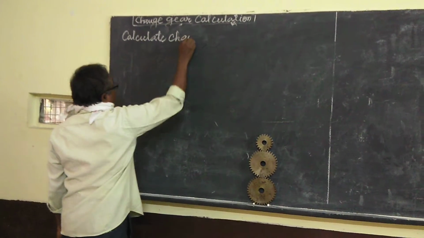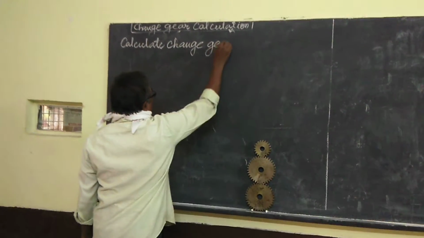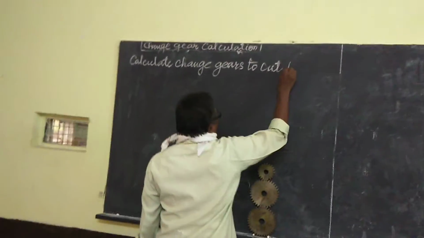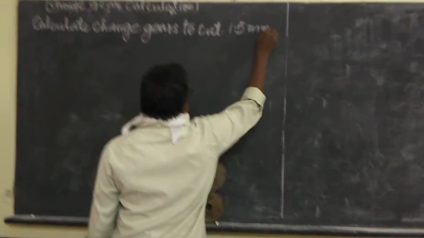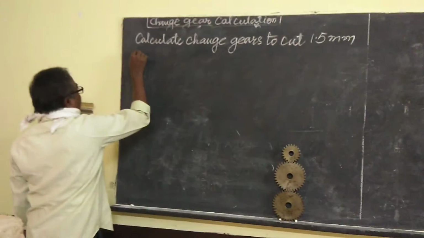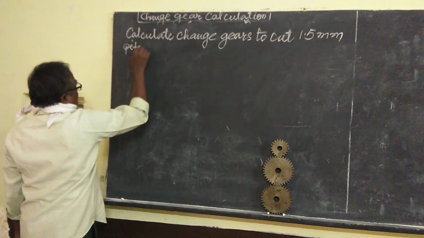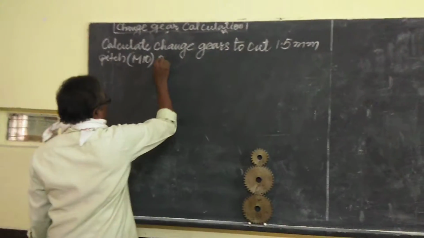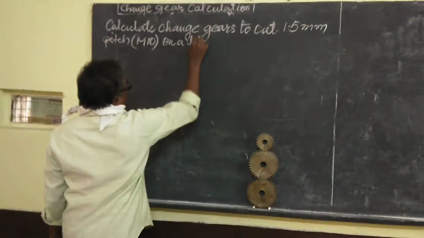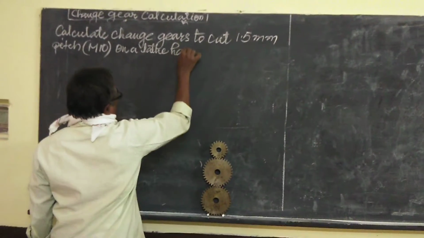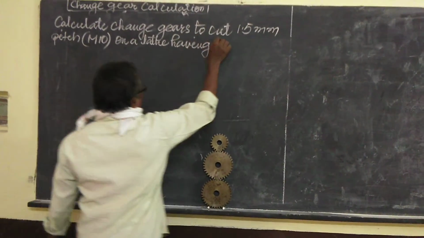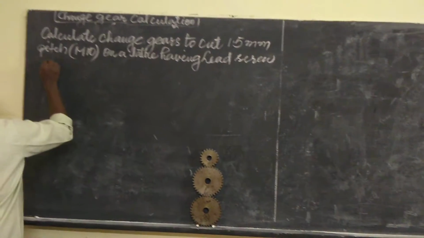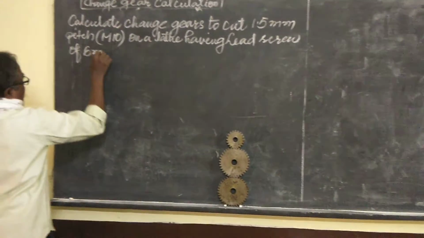Change gears to cut 1.5 mm pitch. So this is M10, 1.5 mm pitch, on a lathe having lead screw of 6 mm.